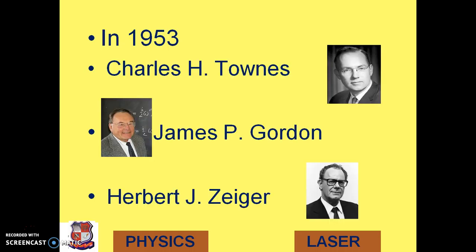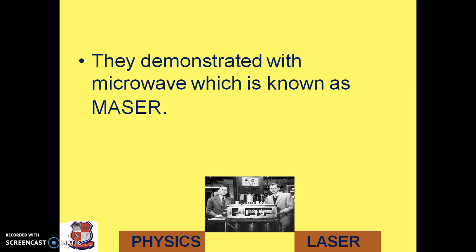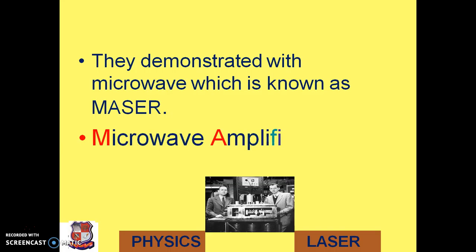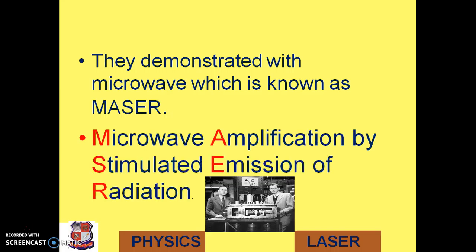It took around 34 years to demonstrate this principle, and in 1953 these three gentlemen demonstrated stimulated emission using microwaves, known as microwave amplification by stimulated emission of radiation, popularly known as the maser.